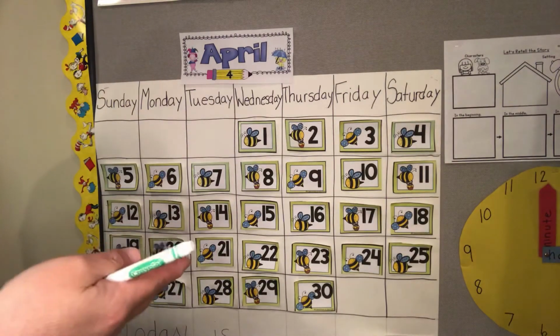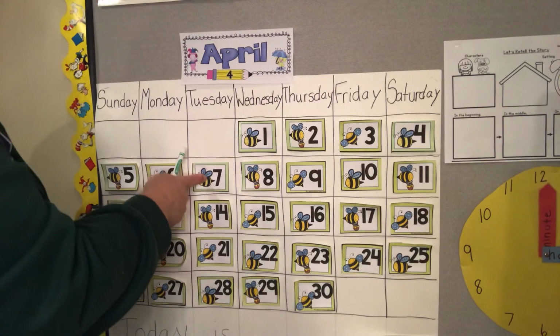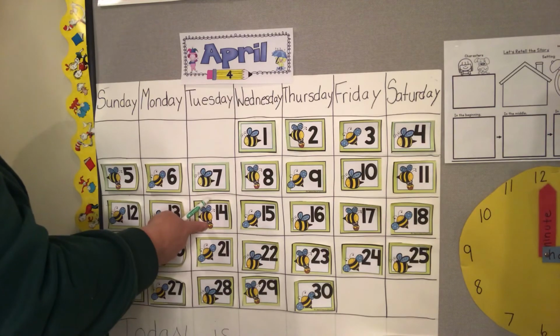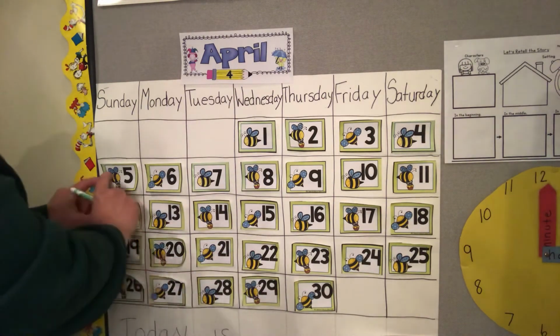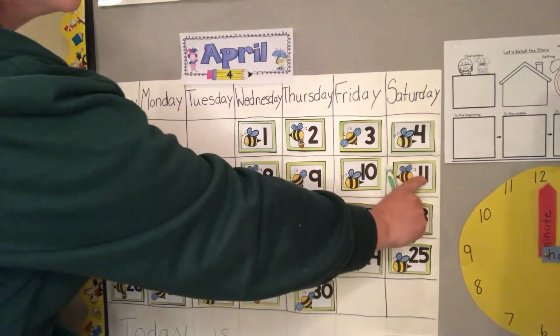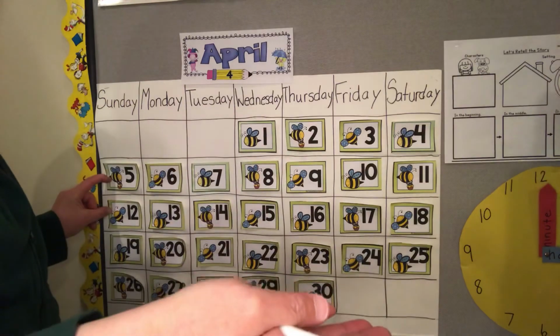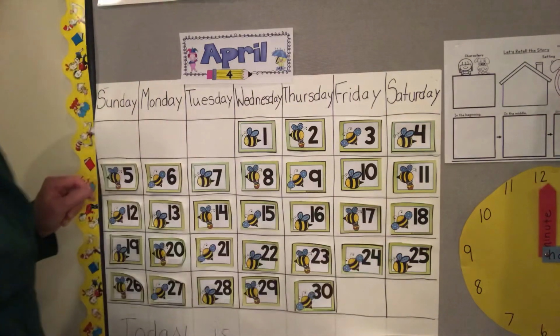So I can say things like, if today is the 7th, what will be the date in 1 week? April 14th. How many days are in 2 weeks? I know that I'm talking about 2 full sections of the calendar. So I can either multiply 2 times 7 is 14, or I can count the number of days in 2 weeks.